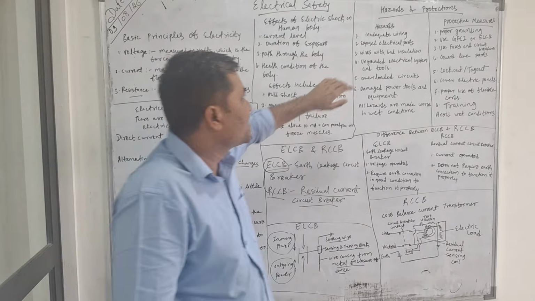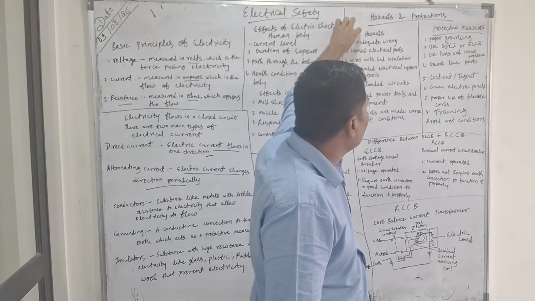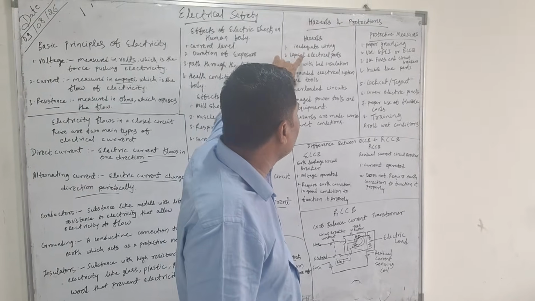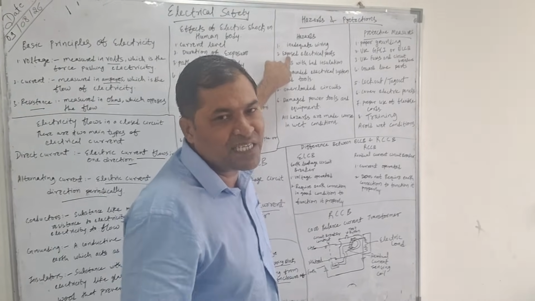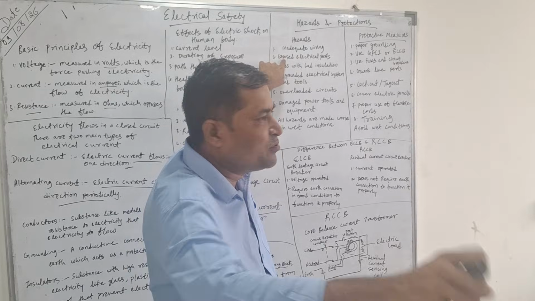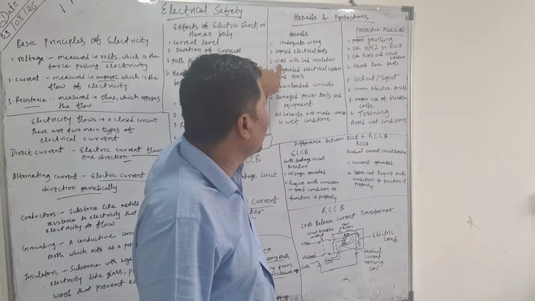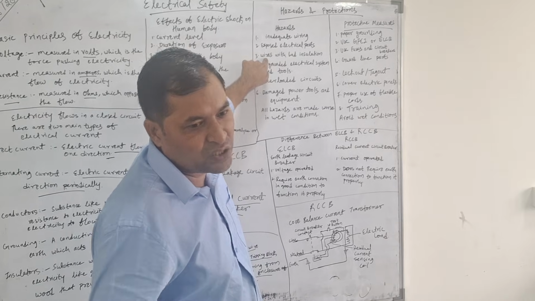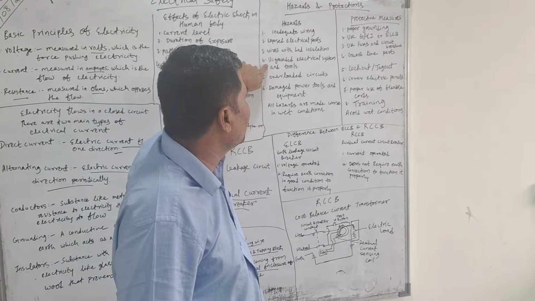Now we'll discuss hazards and protection. The hazards are inadequate wiring, where wiring is not done in a proper way. Exposed electrical parts, any parts already exposed that you touch, are also a big hazard. Wires with bad insulation, where no insulator is used in the connection system.